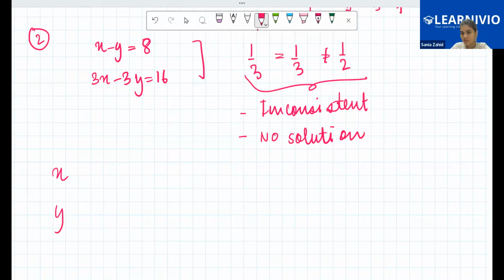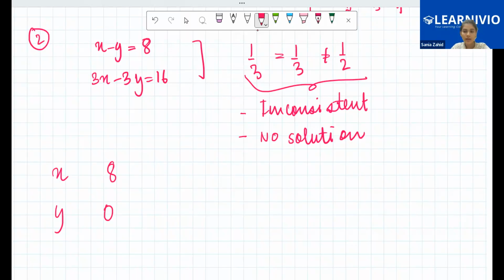If y is 0, so x will be 8. Next, if you take x 0, y will be minus 8.